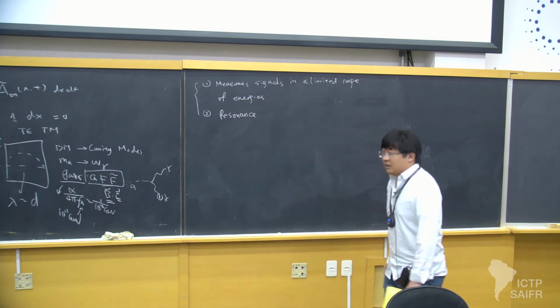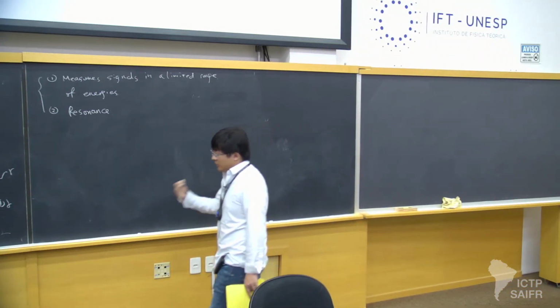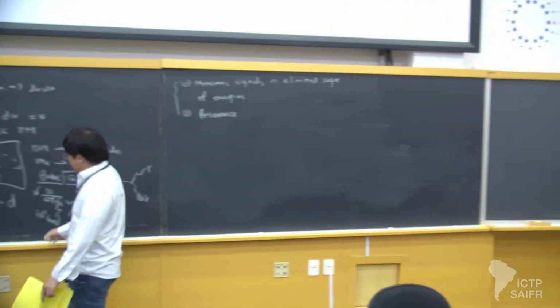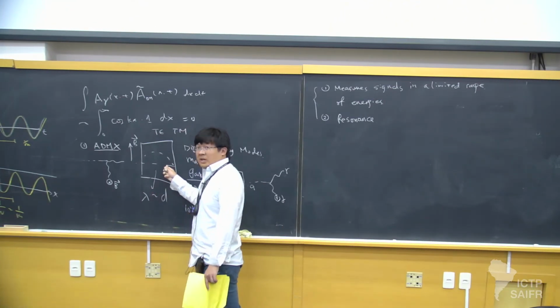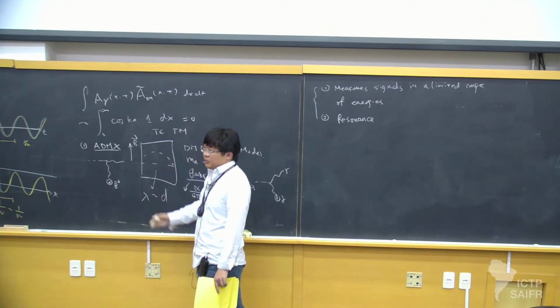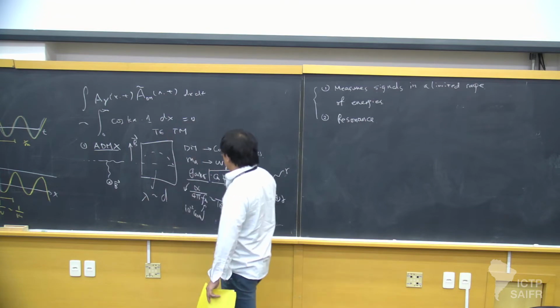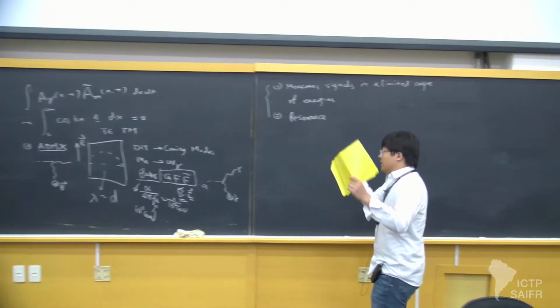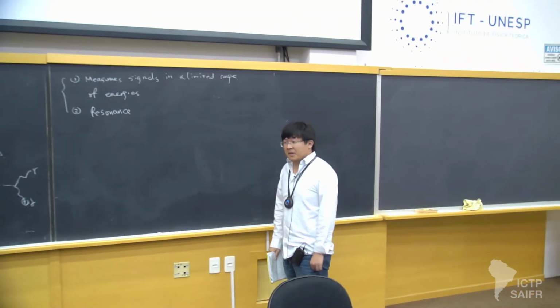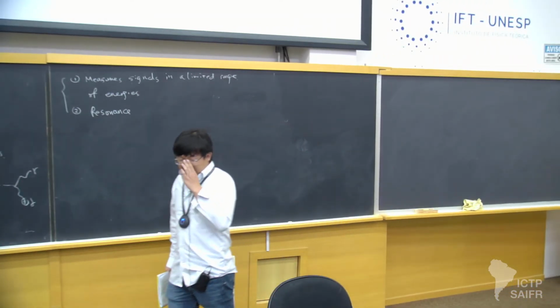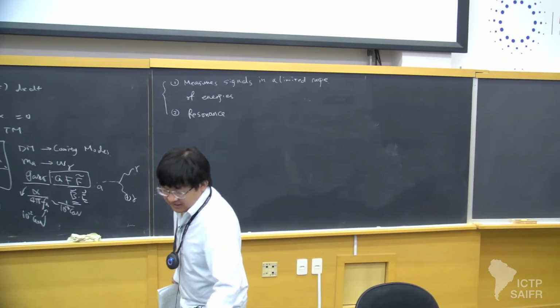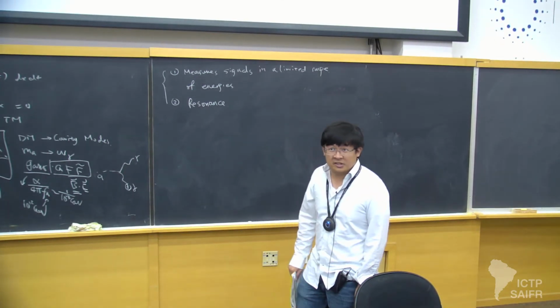So with these cavity type experiments, we are trying to convert a dark matter into a photon that is on resonance with the cavity, so that this photon is going to be rung up, and the signal can be enhanced, right?